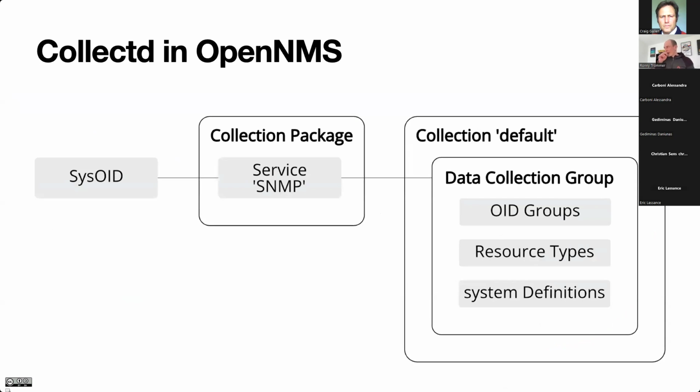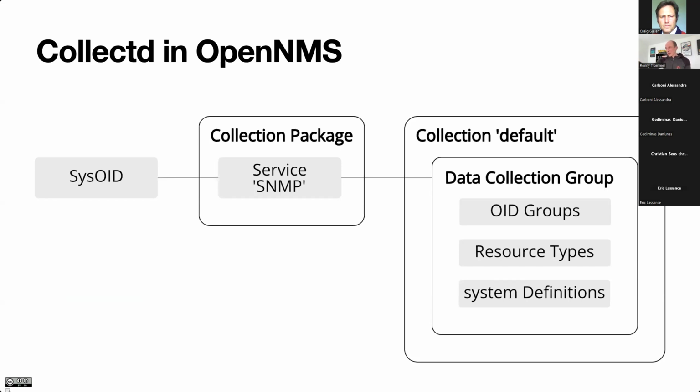So just to recap a bit, trying to put that in a picture. We have the system object ID, which is assigned to a node coming from Provisiond. We have the SNMP service, which is detected also by Provisiond, or you assign it yourself manually. To that SNMP service, we have a collection package.